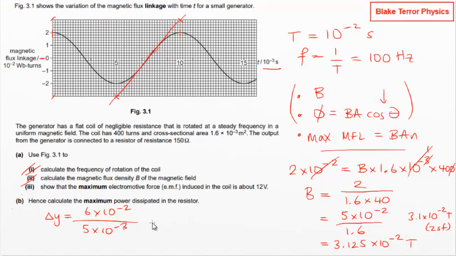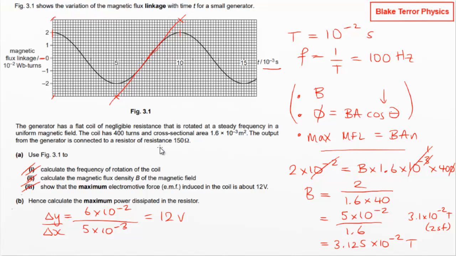So that is 6 over 5, 1.2 times 10. So 1.2 times 10 is 12 volts. That was a very friendly gradient to draw on there.